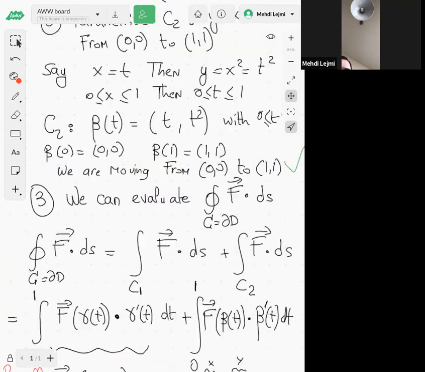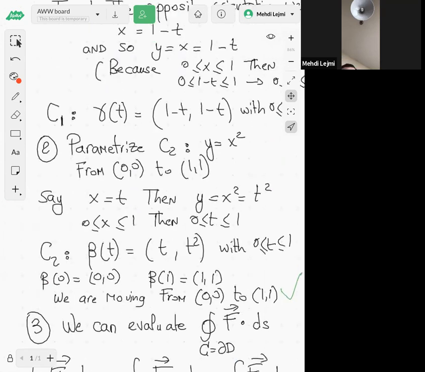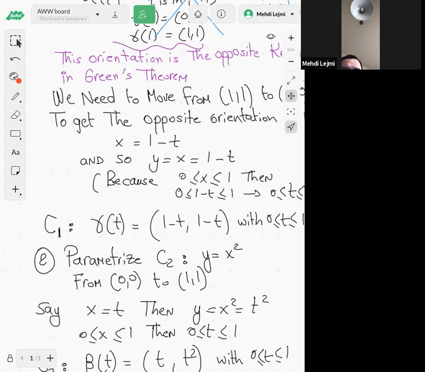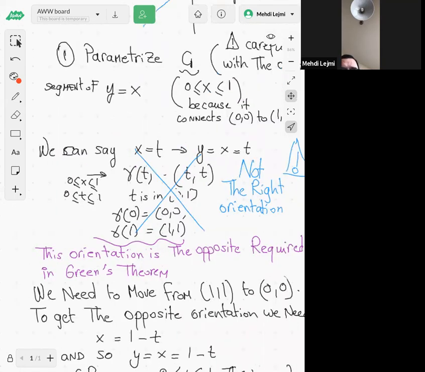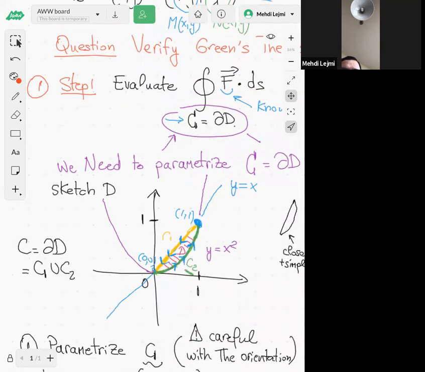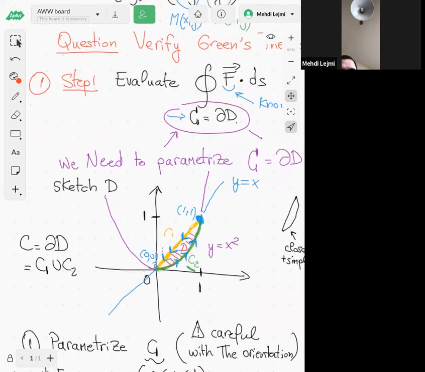It looks too long, but it's just because I'm giving all the details here. So first step, step 1, we have to evaluate this vector line integral along the boundary of D.